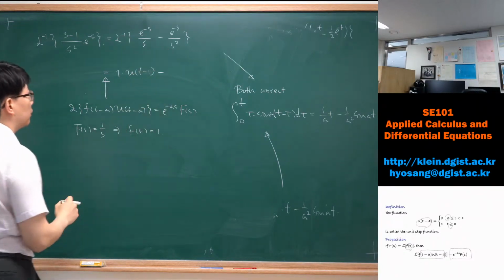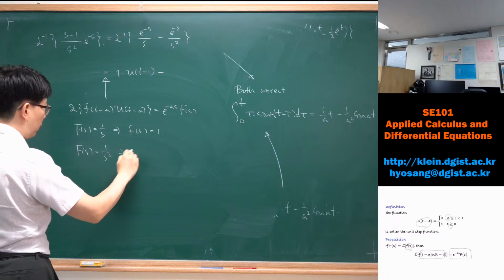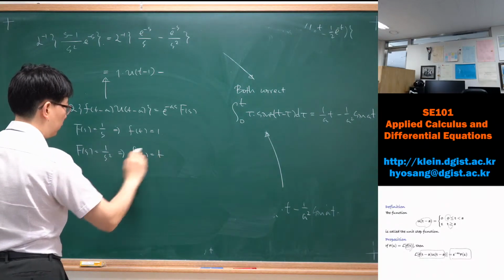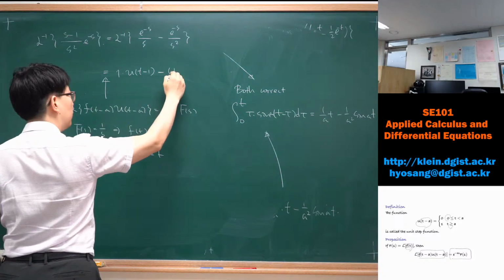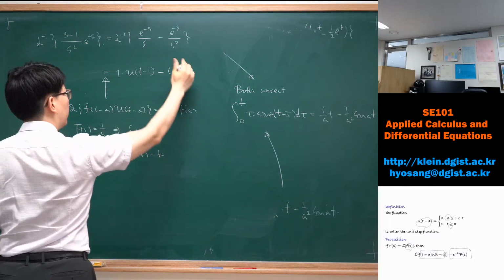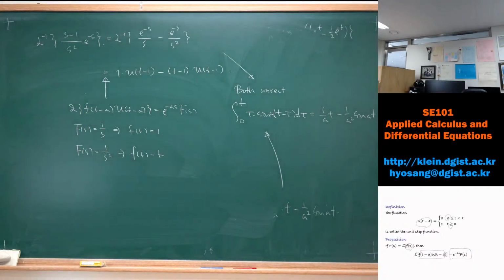And how about the second part? If F of s is 1 over s squared, then f of t is t, right? So you're going to take a shift of t by 1 and then multiply, t minus 1, right? Now, how does this function look?